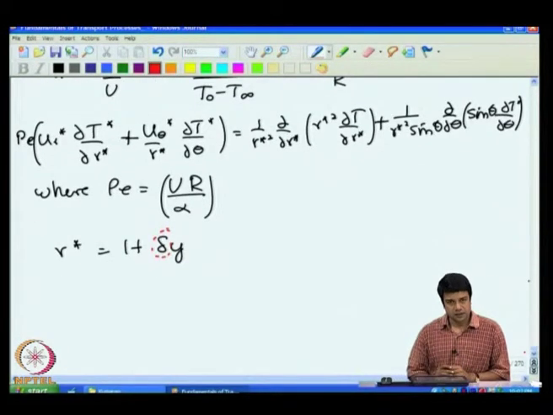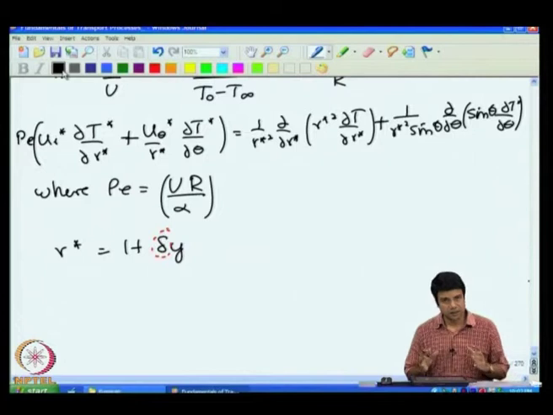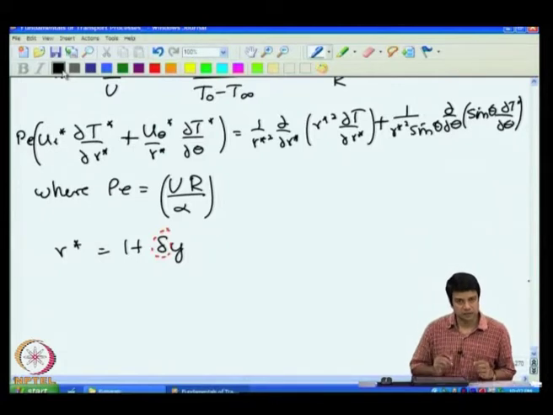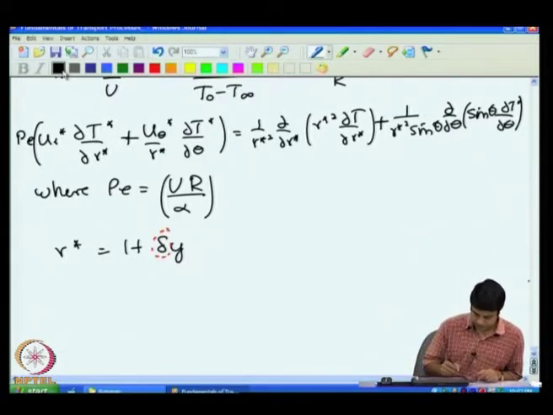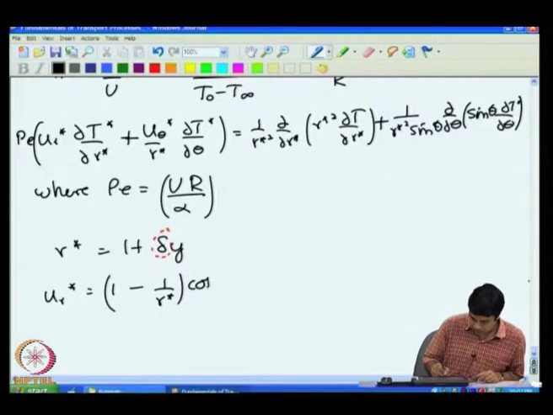So, within this region I now need to find out what the velocities are. I do not need the entire velocity field in terms of r, I just need to know what are the velocities within the small region of order delta. So, u_r star is equal to (1 minus 1 by r star) cos theta.